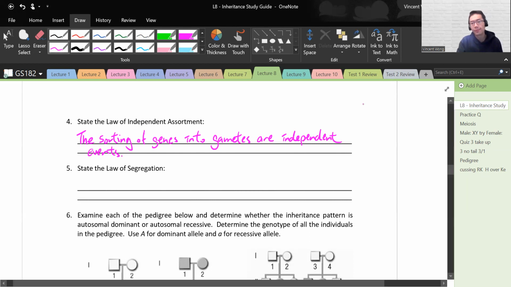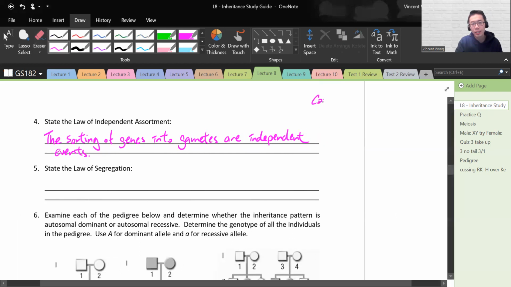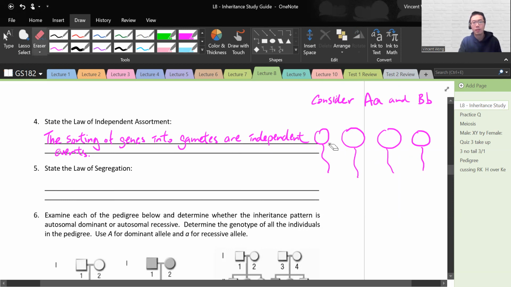For example, let's say we look at two genes. Okay, consider big A, small a, and big B, small b. Okay? So we're going to produce some gametes here. All right. So what are some combinations here? Right.